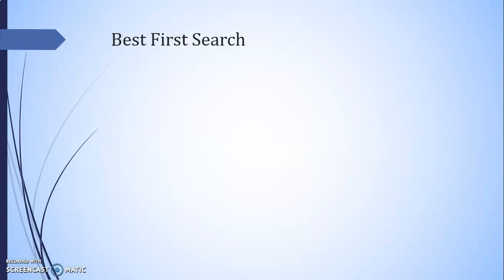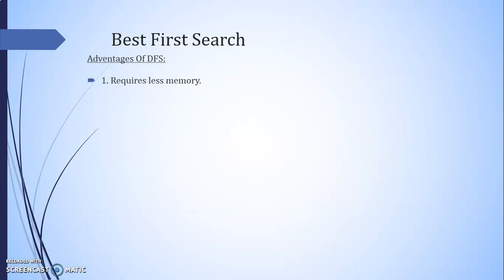Actually, best first search is the combination of the advantages or features of depth first search and breadth first search. So let's see first what the advantages of DFS and BFS are. DFS requires less memory, as we already discussed about the memory occupied by DFS and BFS.